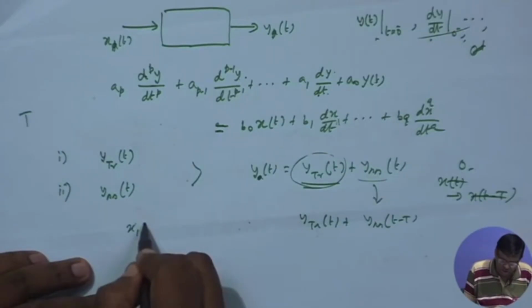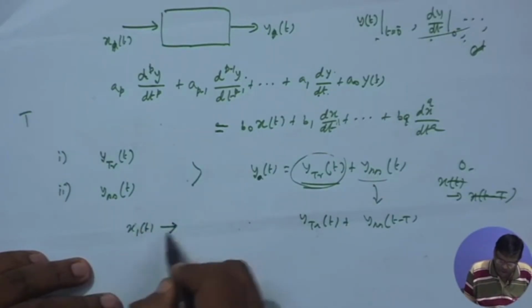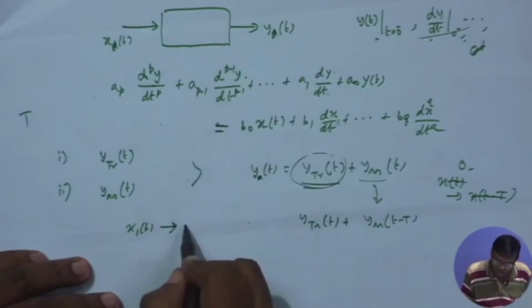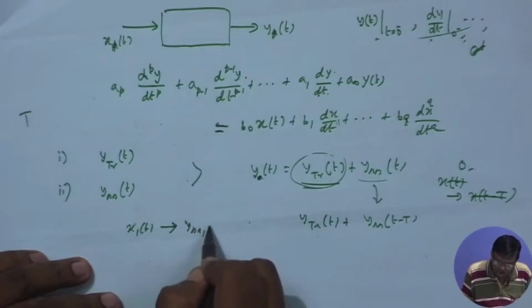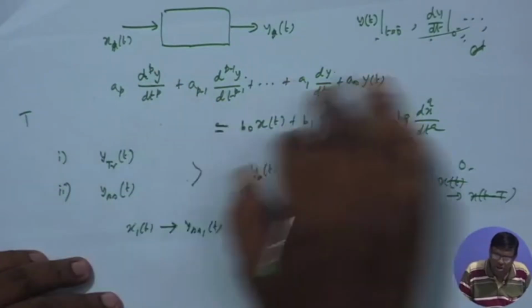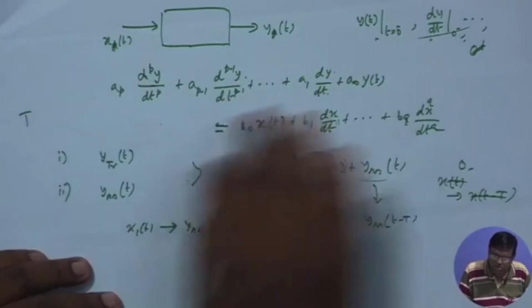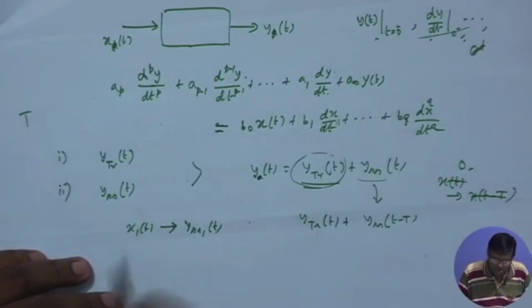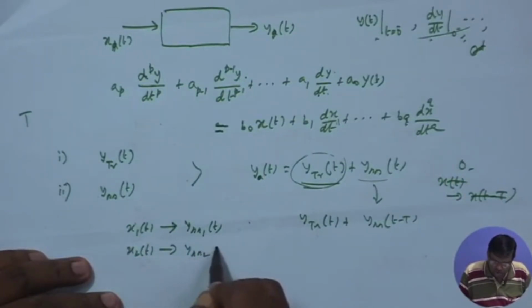Suppose x1(t) alone gives rise to y_ss1(t), the steady state component, obtained by setting the initial conditions 0 and solving. Suppose I give x2(t), the steady state component is y_ss2(t).